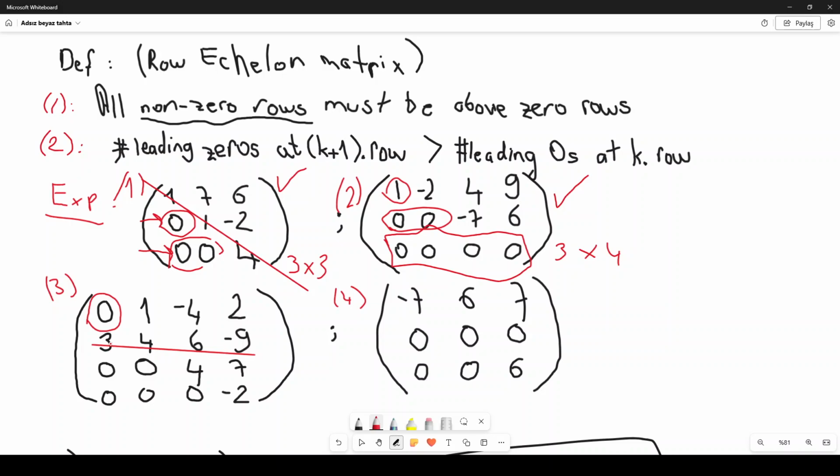But this means that the second property is not satisfied, because if this matrix were a row echelon matrix, then the number of leading zeros should have been strictly greater than the number of leading zeros in the first row. But this is not the case for the third matrix, and therefore it is not a row echelon one.